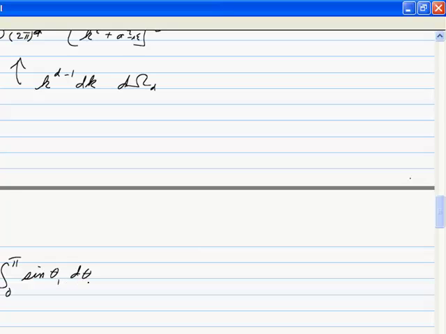Since we've got a few more to do, I'll call that theta 1. And the generalization to higher dimensions goes as follows. It just keeps going. It goes sine squared theta 2, 0 to pi, and it just keeps going up. And the last one is sine to the d minus 2 theta d minus 2 d theta d minus 2.